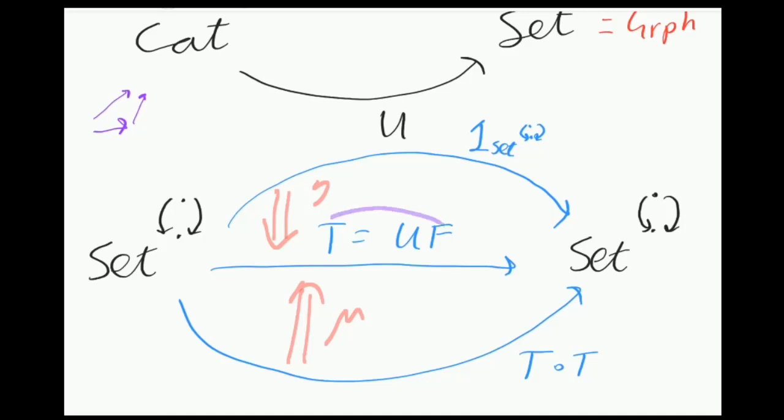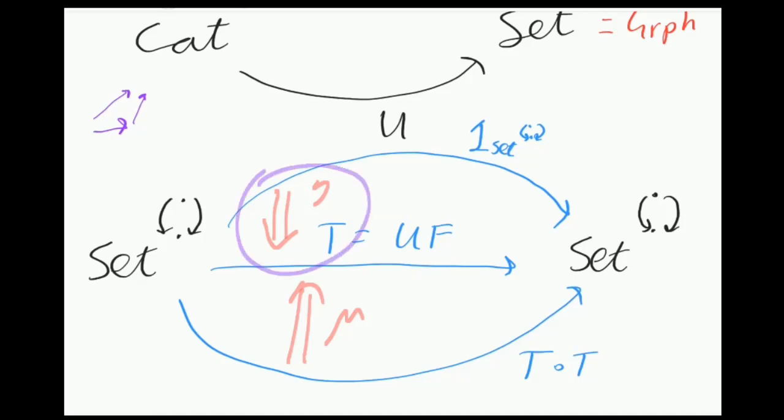So a more direct way to think of T is that it's going to get the original graph and then form a new graph that has directed edges corresponding to walks in the old graph.